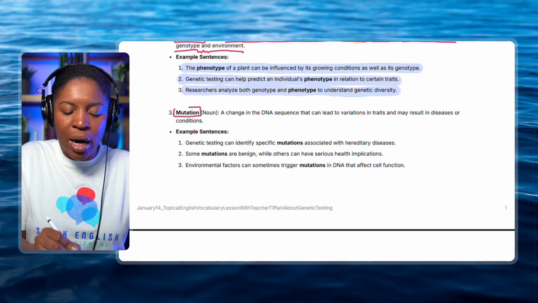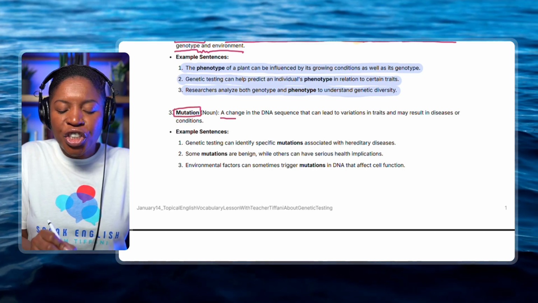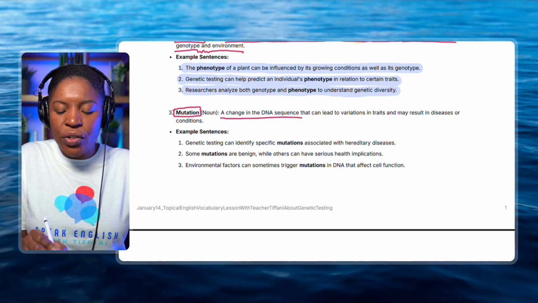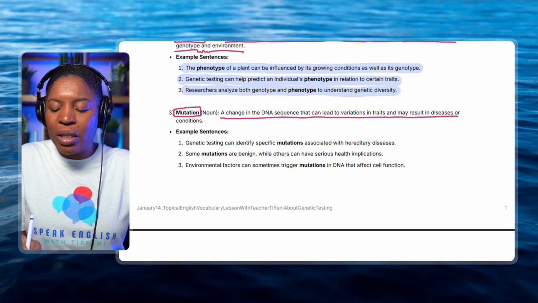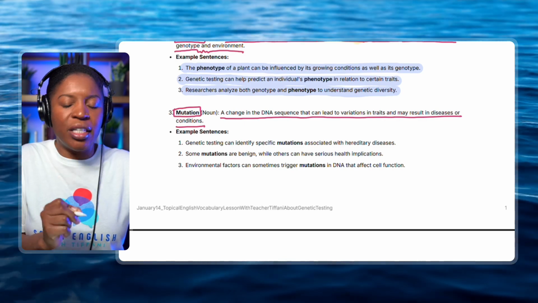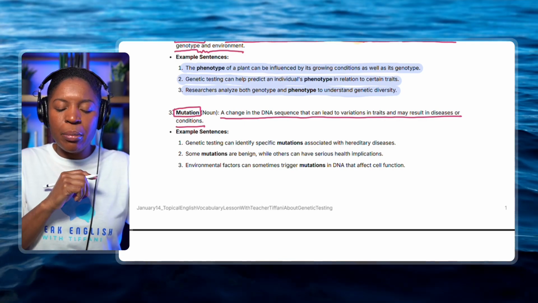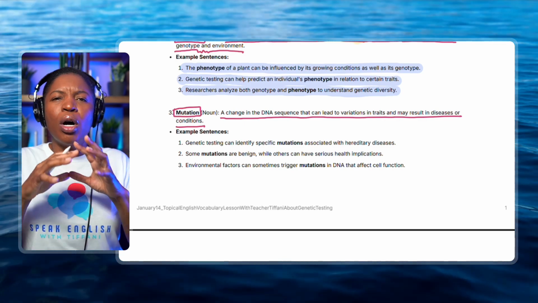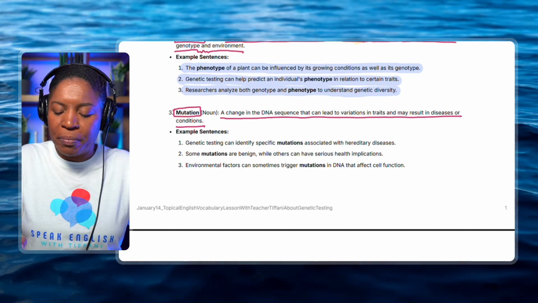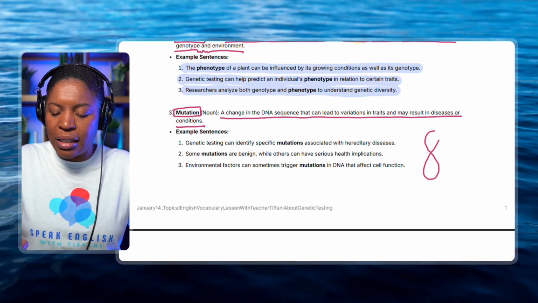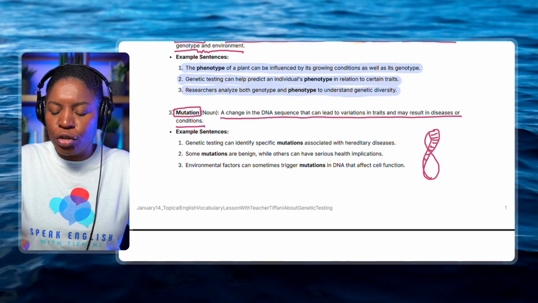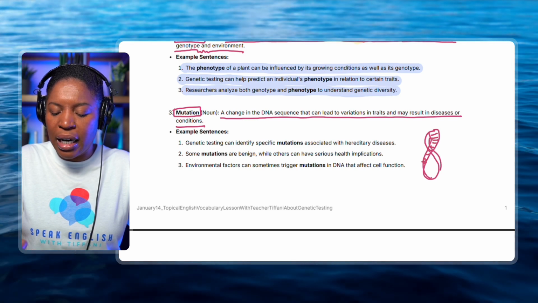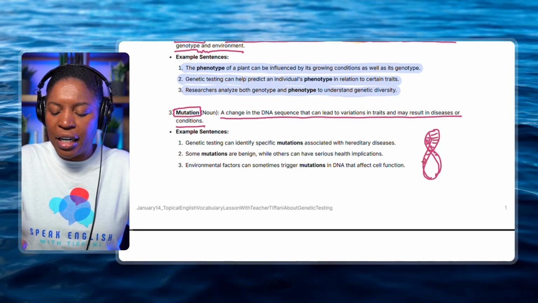So the definition of mutation is, let's actually highlight it right here. All right, for those watching, here we go. A change in the DNA sequence that can lead to variations in traits and may result in diseases or conditions. So I want you to think about it like this. I'm going to do a rough or brief sketch of what a DNA sort of looks like. I haven't drawn DNA literally in more than 20 years, all right?